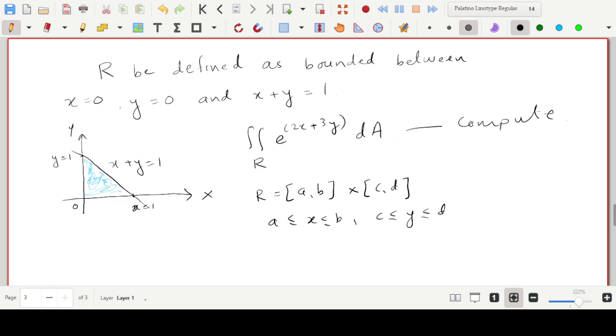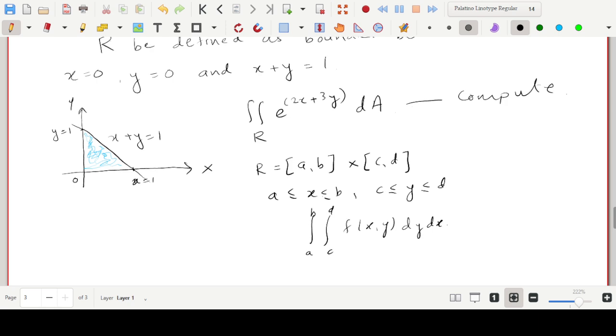When we have rectangles, we have set these inequalities, and in that case we simply integrate the function f of xy in this fashion. There is no complication in such cases, because all a, b, c, d are constants. But here the situation is a little complicated.